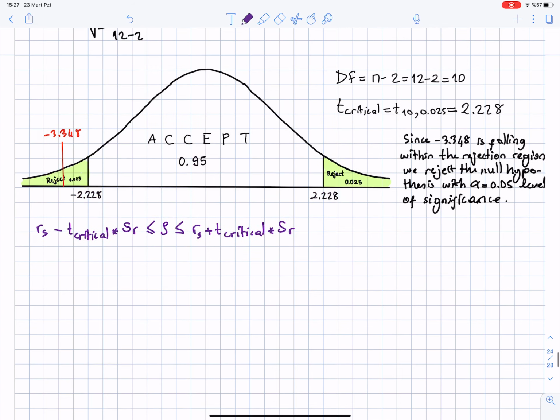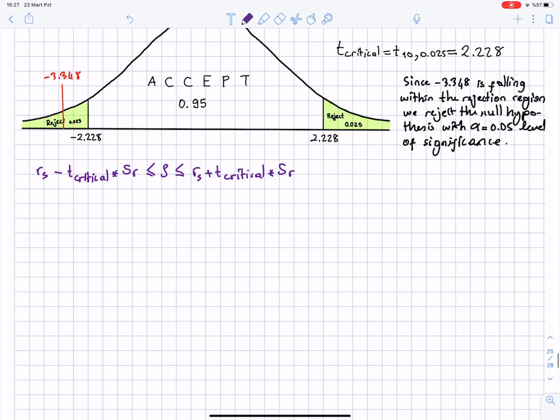In this case, we already know the Spearman ranking correlation is minus 0.727, and the critical value is 2.228. The standard error I need to calculate for you using a calculator.